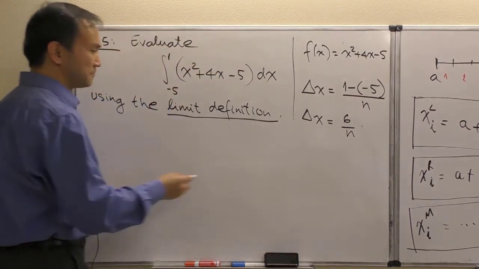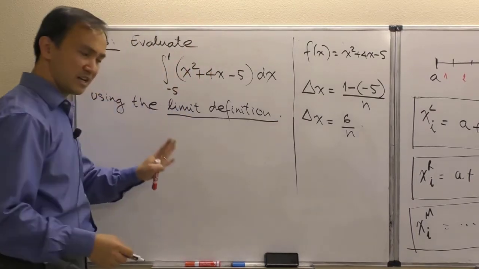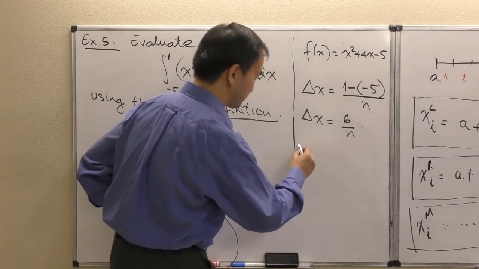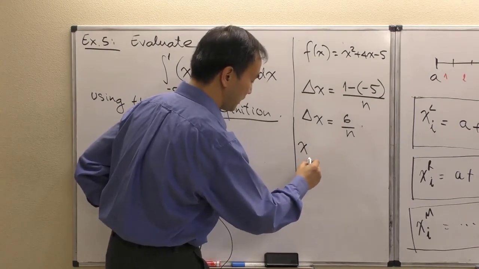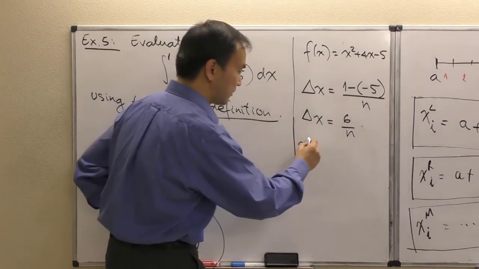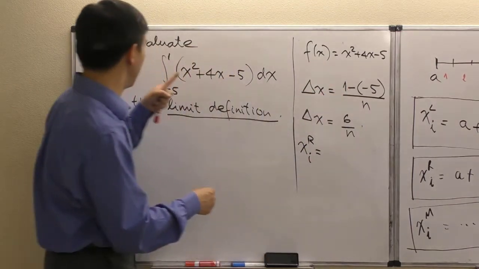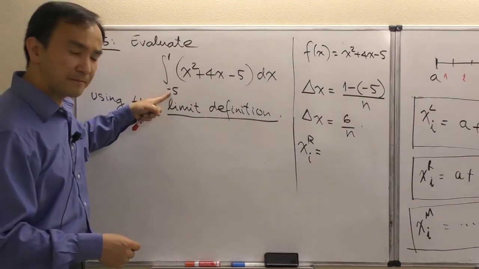Now, I clearly stated that I want to use a right endpoint. In any ith subinterval, the starting point of the interval is -5.